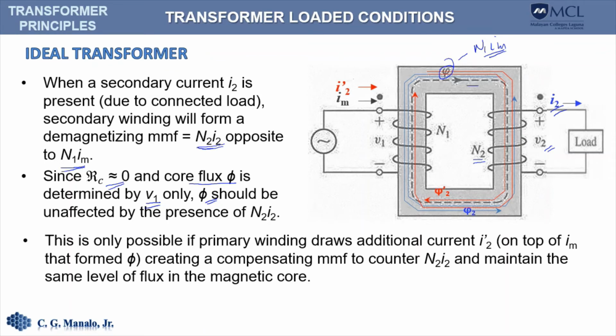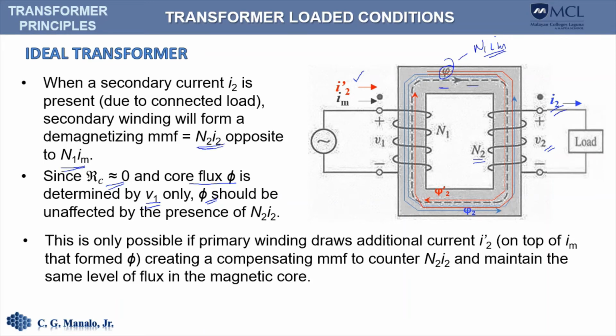So the primary winding will draw additional current in order to produce additional MMF to counter the demagnetizing MMF that was produced by the current drawn by the load. That additional flux will counter the flux produced by N2I2 in order to maintain the flux inside the core.